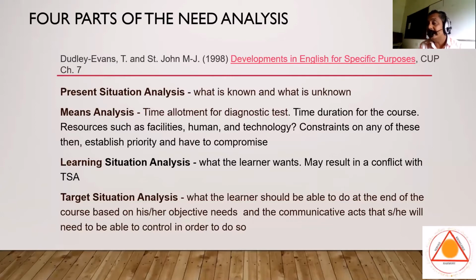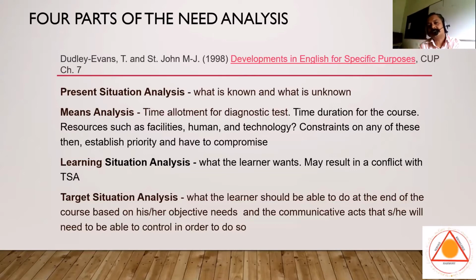So students learn on their own, and you have to provide enough resources. As a teacher, you can say, you can read from textbook A, B, and C, and you can find out what it is all about active and passive voice. So means relates to that. Time and resources and your priorities.